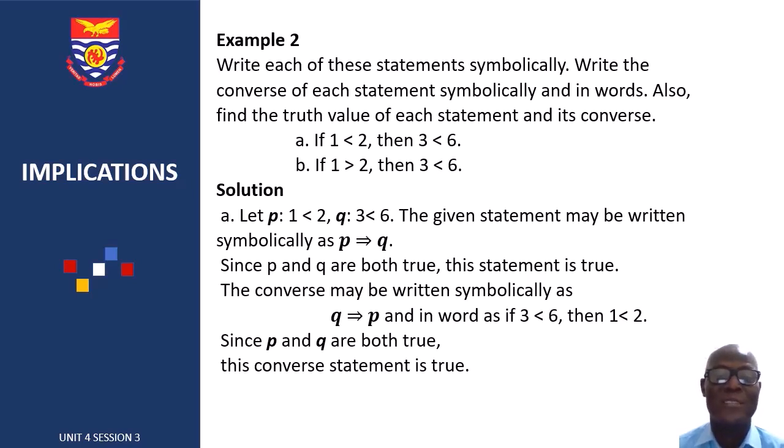Now the converse may be written as Q implies P. And in word form, if 3 is less than 6, then 1 is less than 2. Now 3 is less than 6 is true. 1 is less than 2 is also true. And since both statements are true, we conclude that its converse is also true.